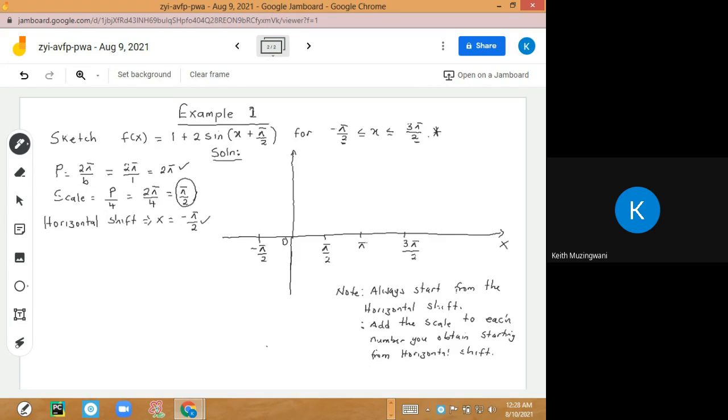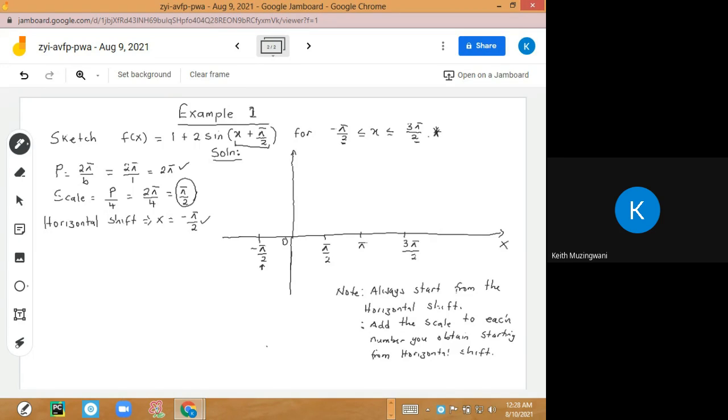Then look for the starting point. The starting point is the horizontal shift. We equate the inside of the brackets to 0 and obtain that x is equal to negative pi over 2. So we'll go to negative pi over 2 and make it our starting point. Where do we go? We follow the interval.